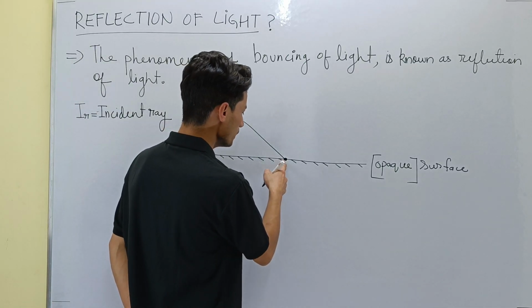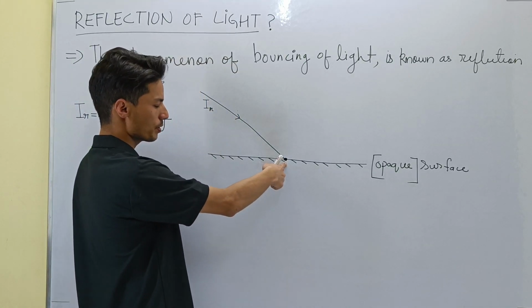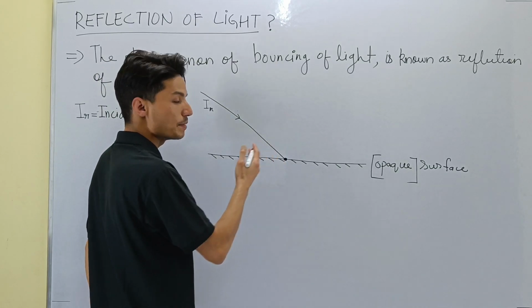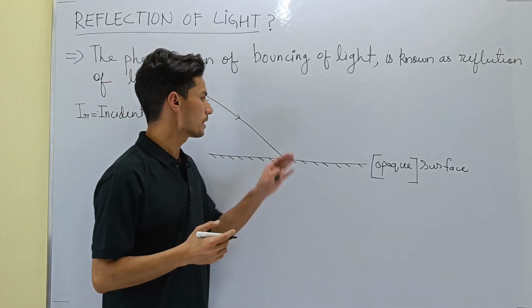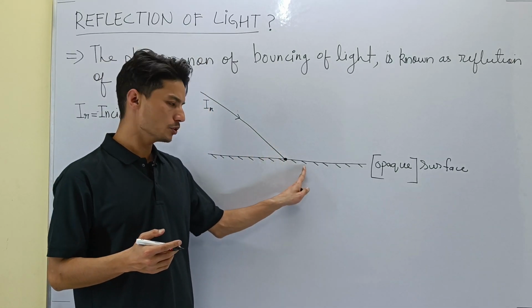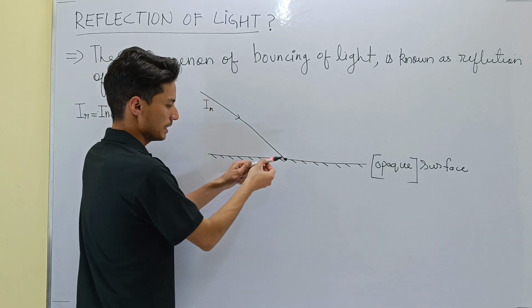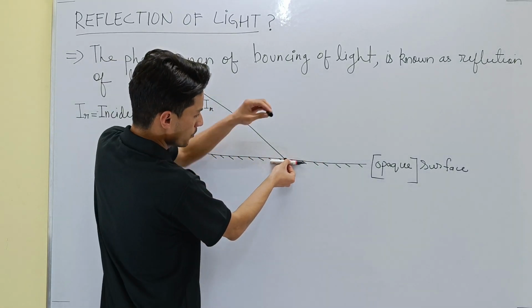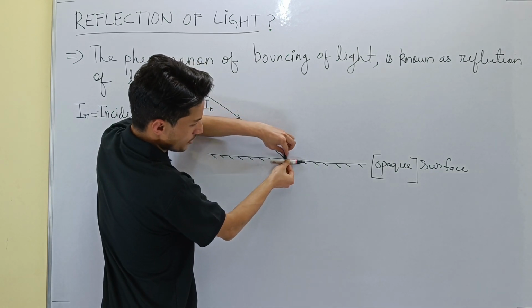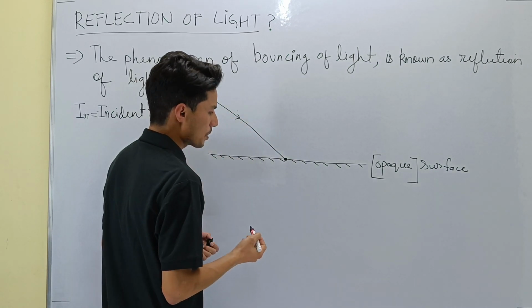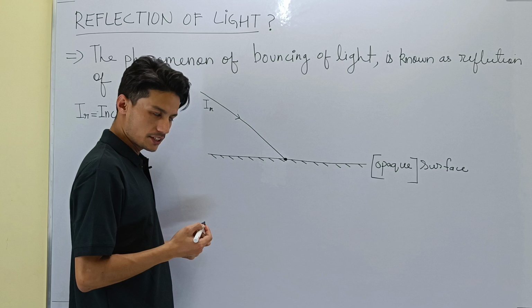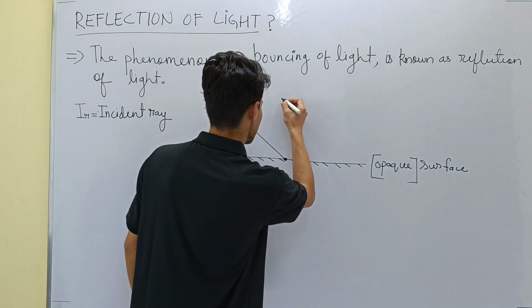Now on this very point we are going to draw an imaginary line perpendicular to the surface. So this is the surface, and then we are going to draw a perpendicular line on the surface. Perpendicular means 90 degrees, yes. So we will draw a perpendicular line.